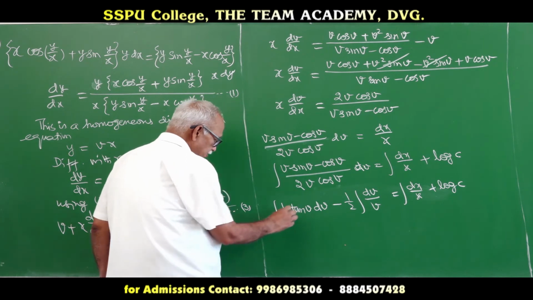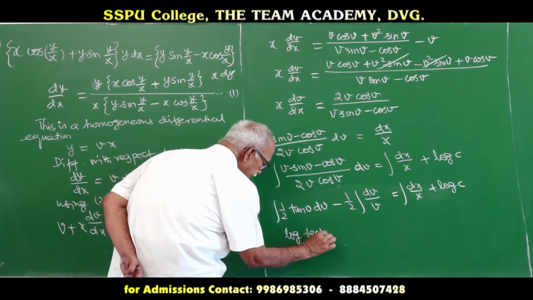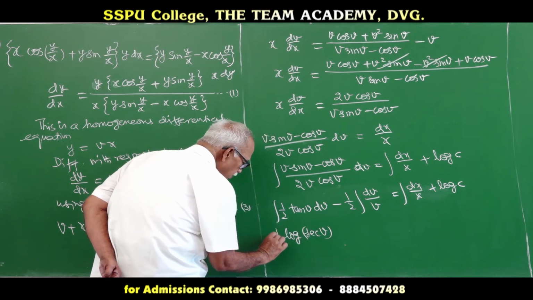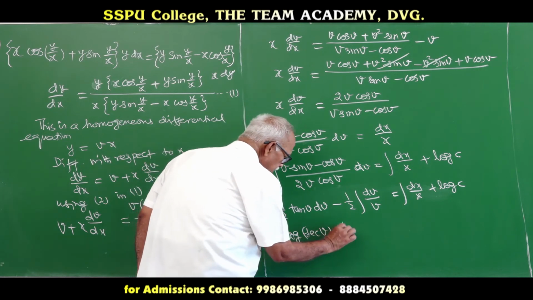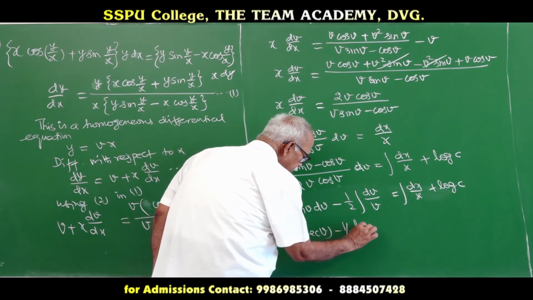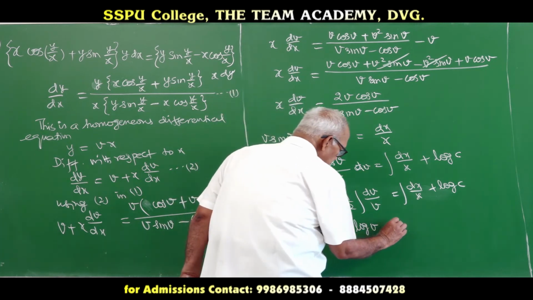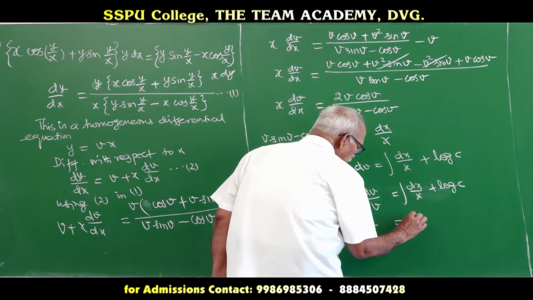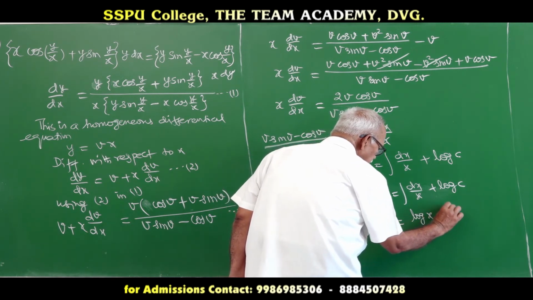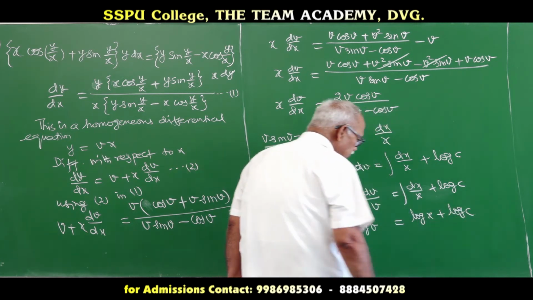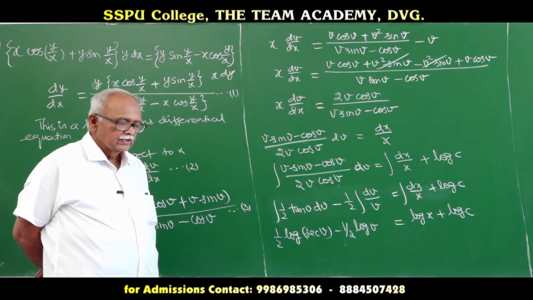So, what is this? Log secant v by 2, minus 1 by 2 log v. This is equal to log x plus log c, log x plus log c.